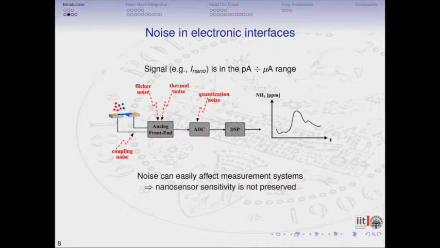And then in the circuits, the characteristic noises are the flicker noise and the thermal noise. But we have to add also quantization noise if we want to convert the analog signal to the digital domain, to be processed and then to have the final characteristics depending on the sensed quantities. So the noises can affect the sensitivity of your system.